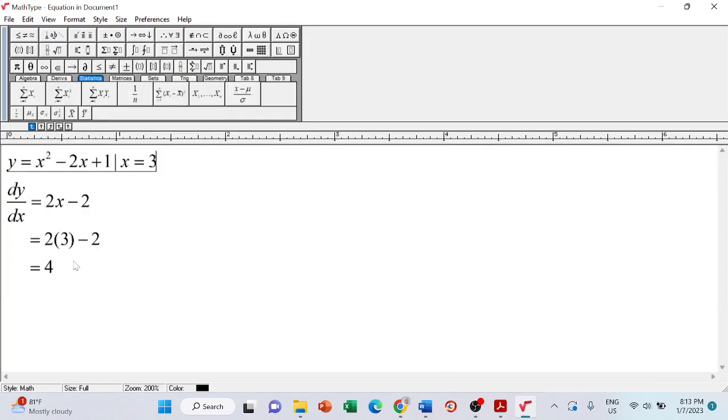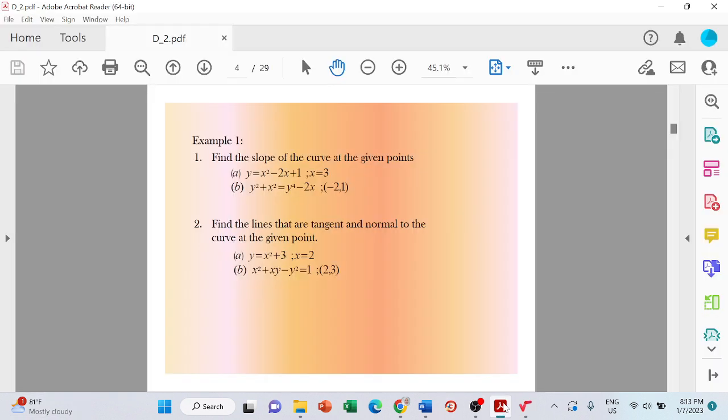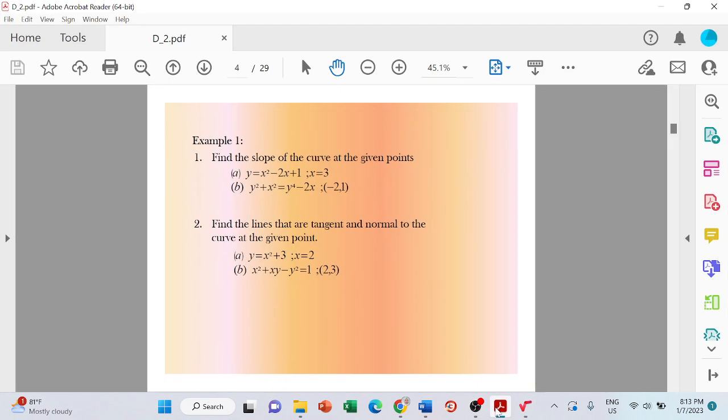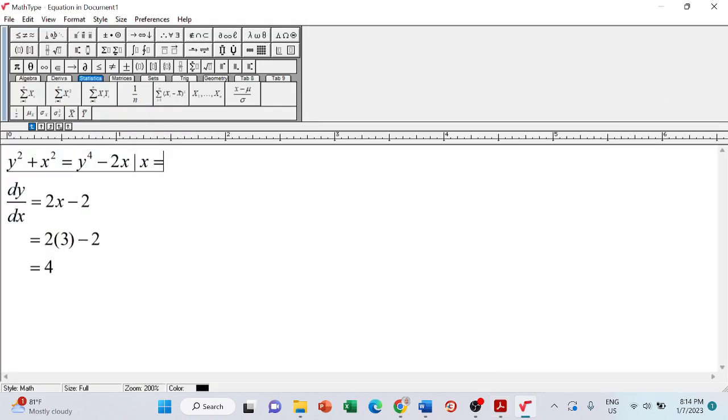The equation is y squared plus ... equal to y power 4. Here they give the coordinates x negative 2, y 1.